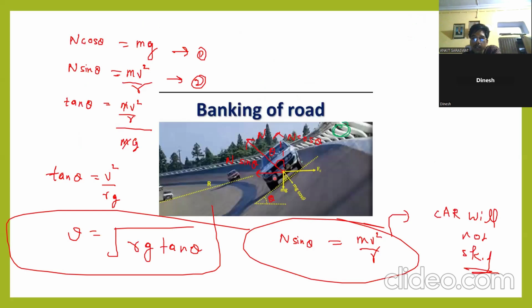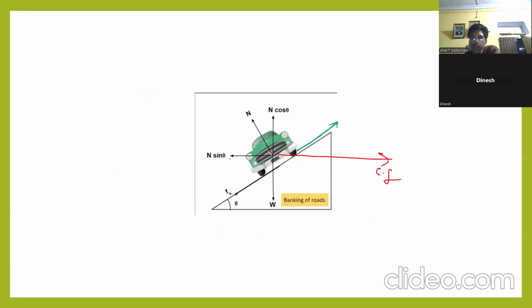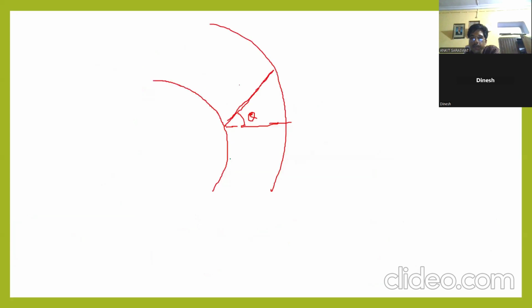It will go like this, and it will increase the radius. It will move like this, and the radius will increase. Clear?